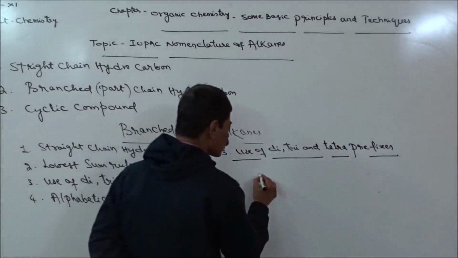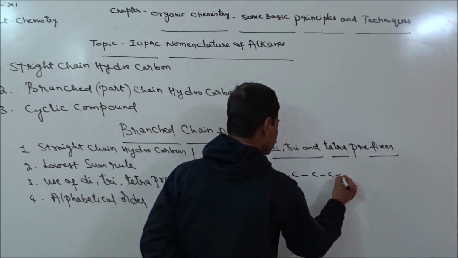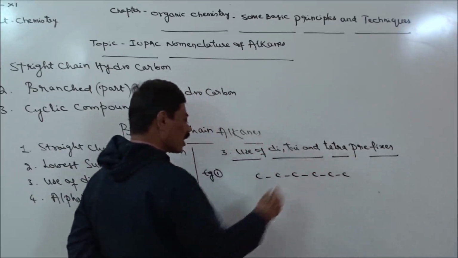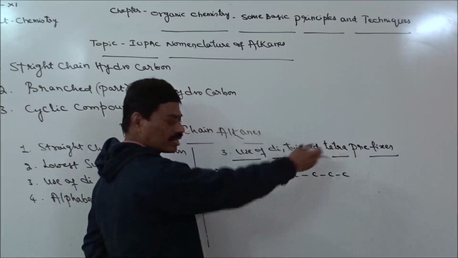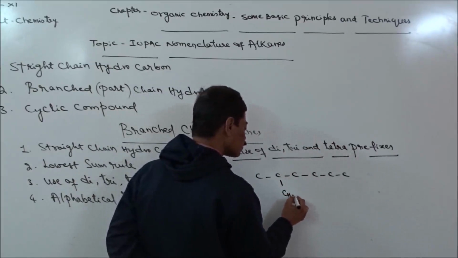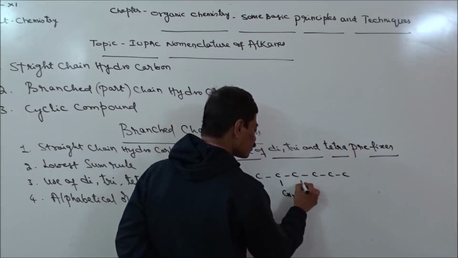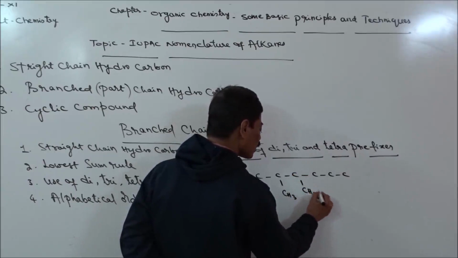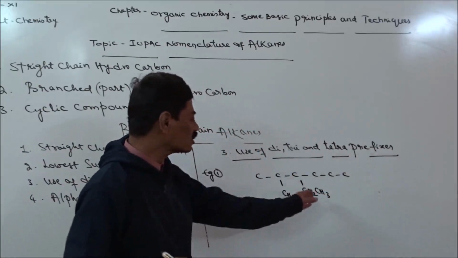Now look at this carbon chain, wherein we have 6 carbon atoms. To the second carbon atom, if we count from left to right, a methyl group is connected, right? And to the third carbon atom, an ethyl group is connected. Ethyl group you can directly write as C2H5 instead of writing CH2, CH3.